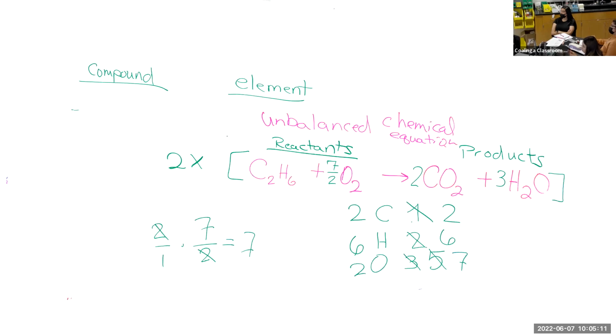that gets rid of my half, and I have a whole number. Because 2 times 7 halves is 7. So at the end of the day, I get 2 times, this is going to be 1, 2, 6 plus.